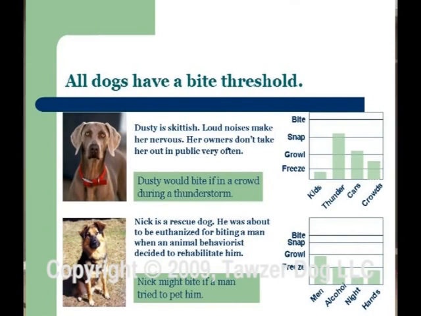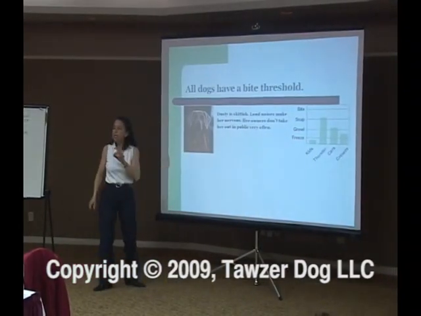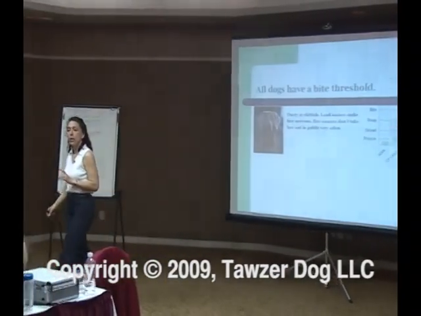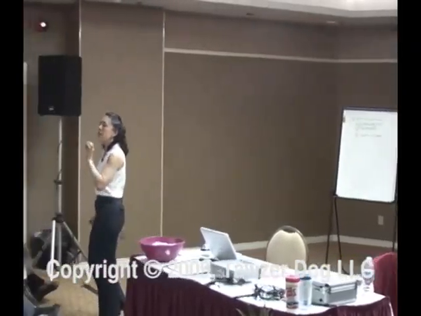So we probably all in this room would call a growl or a snap or a bite, and many levels of bites from fully inhibited to fully damaging. So we can make much more fine distinctions between these, but let's just use these as a fairly obvious one. Freezing, most people would not call aggression. I wouldn't either, but it is a warning sign. It's a precursor, and it's more subtle.